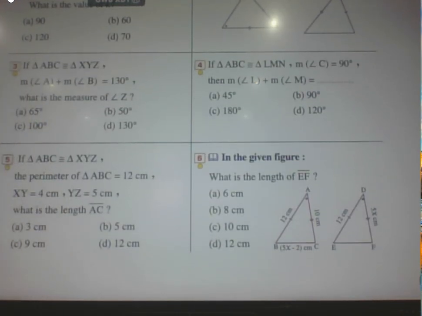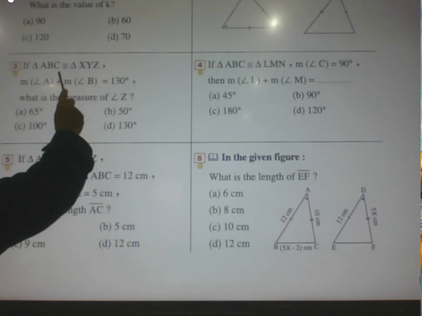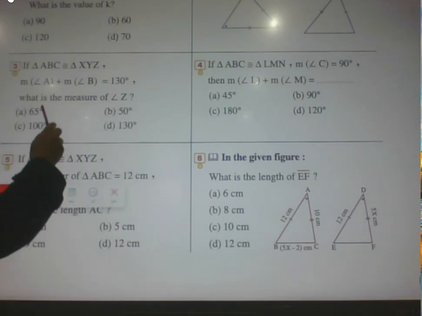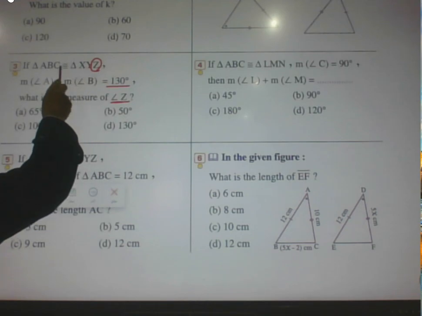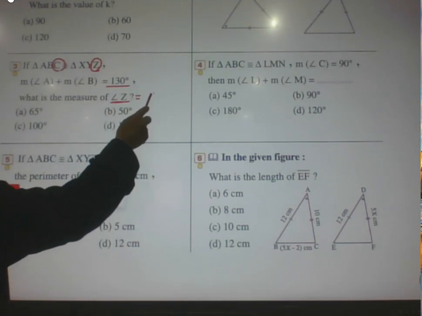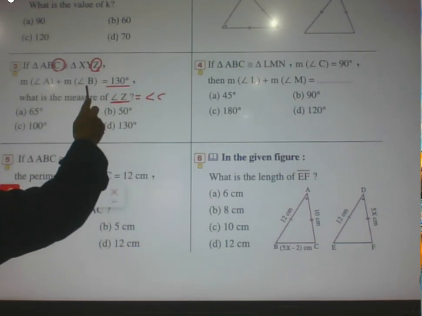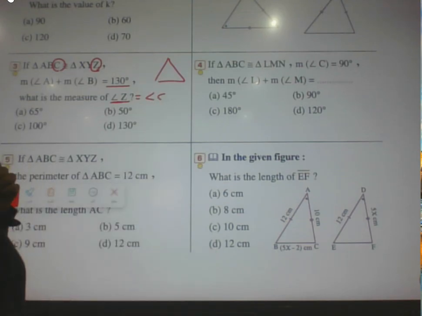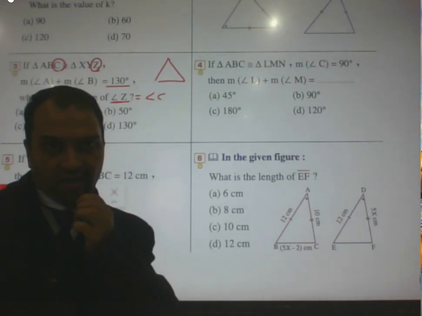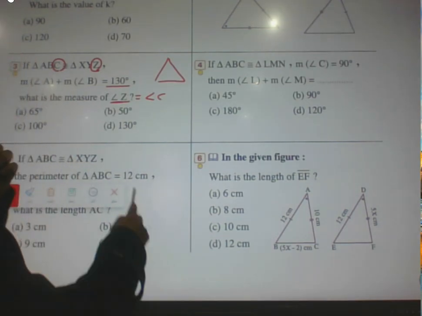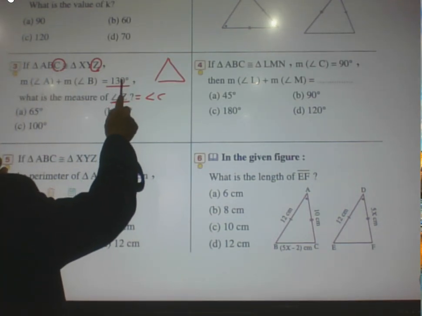If triangle ABC is congruent to triangle XYZ and the measure of angle A plus measure of angle B equals 130, then the measure of angle Z, we know, is equivalent to the measure of angle C. Okay, measure of angle C in this triangle: the sum of interior angles of a triangle equals 180. Then the measure of angle C will be 180 subtracted by 130.